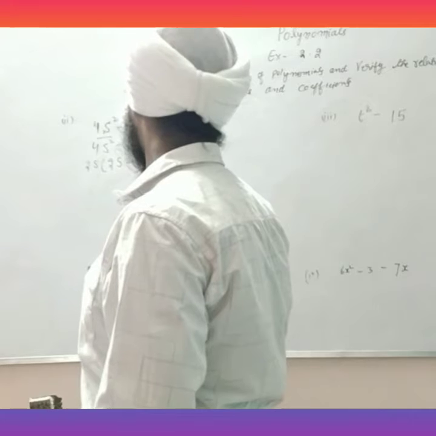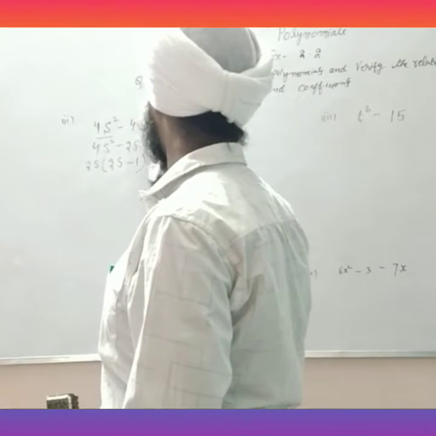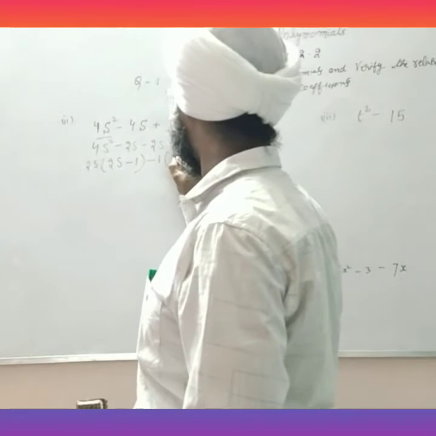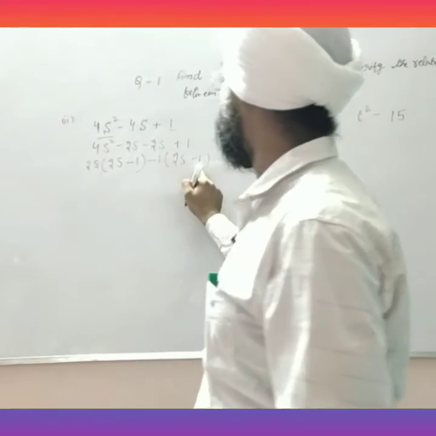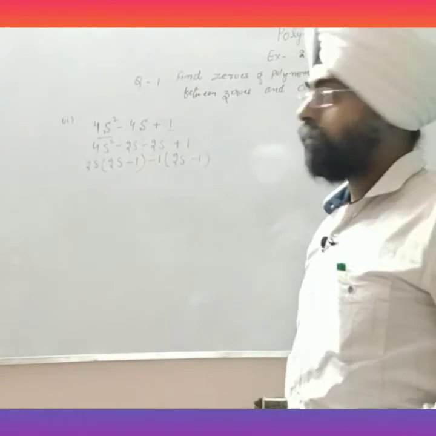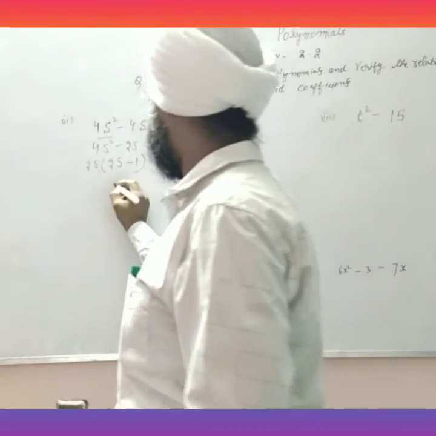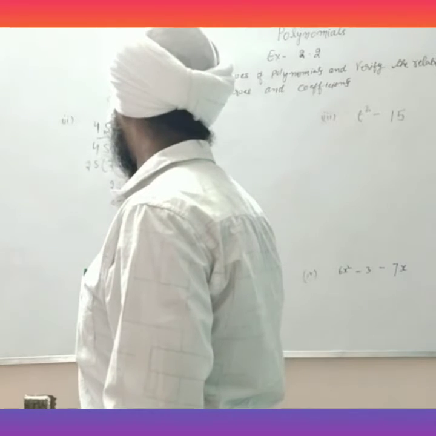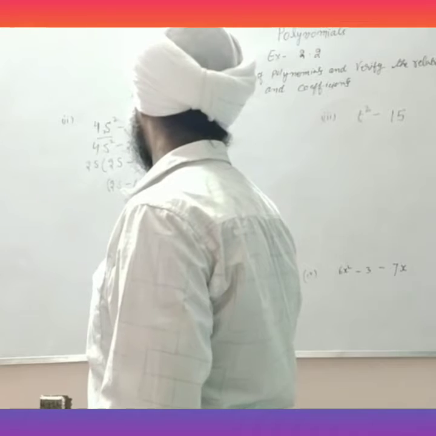Then minus 1 as common from the last two terms, because neither 2 nor s is common. 2s and again minus 1, minus 1 into minus 1 gives plus 1. The same bracket appears in both steps. Then this bracket is written once, 2s minus 1, 2s minus 1, the same bracket again.